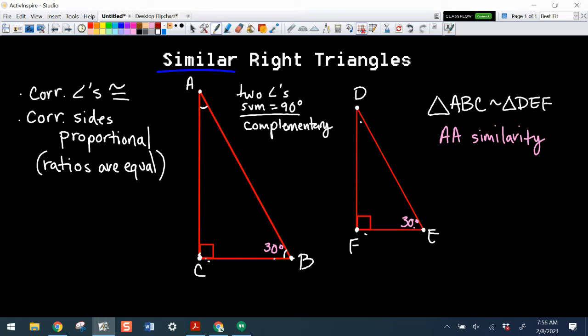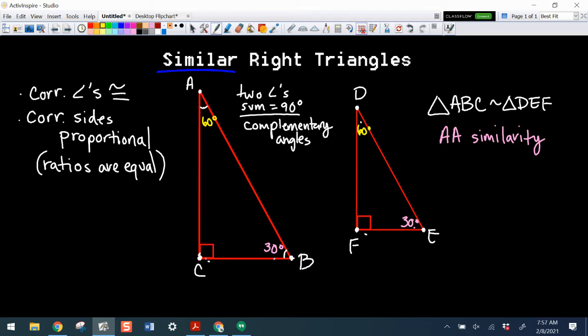Complementary angles, two angles whose sum equals 90 degrees. So how does that help us? Well, if we know angle B is 30 degrees, what can I add to 30 degrees to give me 90 degrees? We know that 30 degrees plus 60 degrees is 90. So understanding what it means to be complementary, we can find that third angle rather quickly.